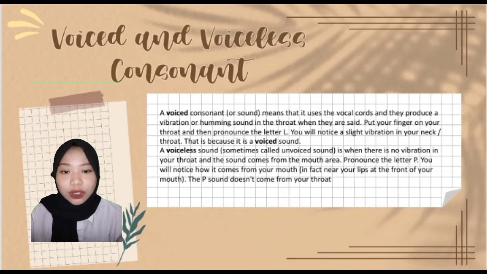You can try putting your finger on your throat and then pronounce the letter L. You will notice a slight vibration in your neck. That is because it is a voiced sound. A voiceless sound, sometimes called an unvoiced sound, is when there is no vibration in your throat and the sound comes from the mouth area. Pronounce the letter P. You will notice how it comes from your mouth and doesn't come from your throat.